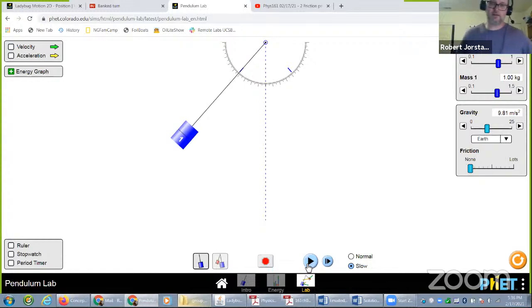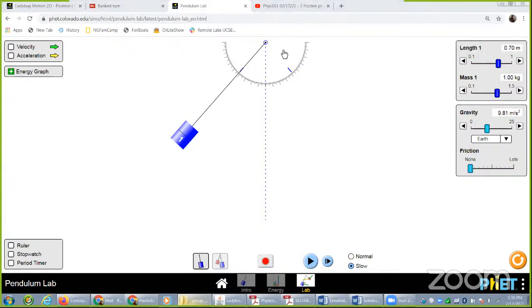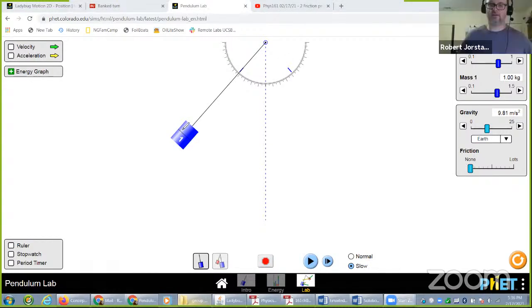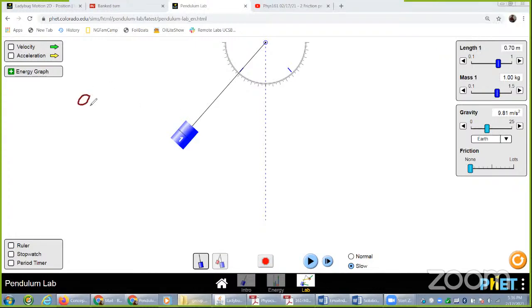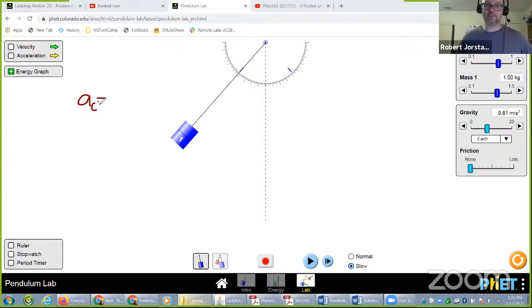Initially, what is the centripetal acceleration right at the beginning? Directly toward the center. How big is it? Big or not big? Zero. Initially, a_c equals 0.